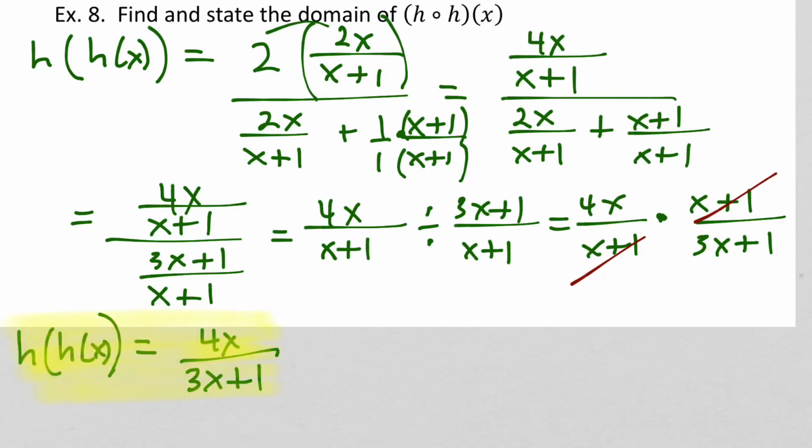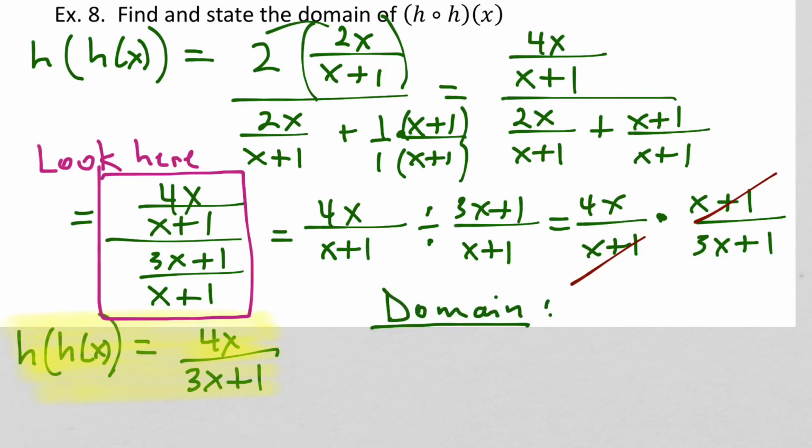In order to find the domain, we have to go all the way back up to before we started crossing stuff out, to make sure we don't miss any zeros in the denominator on this complicated fraction. So let's go back and look here, where we've got everything set up pretty well, to see where we're going to potentially have zeros in the denominator.